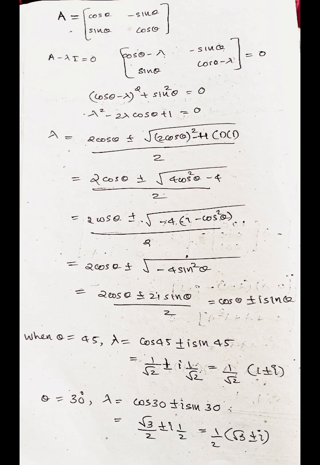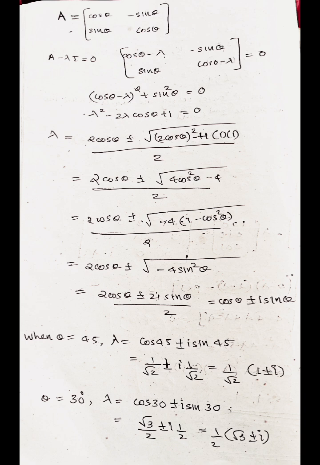When theta is equal to 45, lambda is equal to cos 45 plus or minus i sin 45, and this is equal to 1 by root 2 plus or minus i into 1 by root 2, and this is equal to 1 by root 2 into (1 plus or minus i). So here we understood that in option A it is given that when theta is equal to 45, the answer is 1 by 2 into (root 3 plus or minus i).